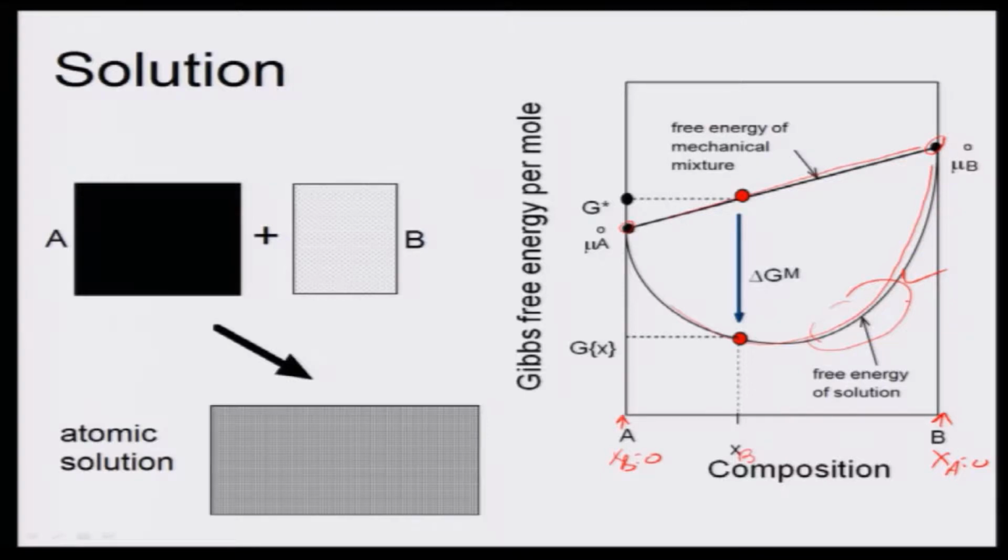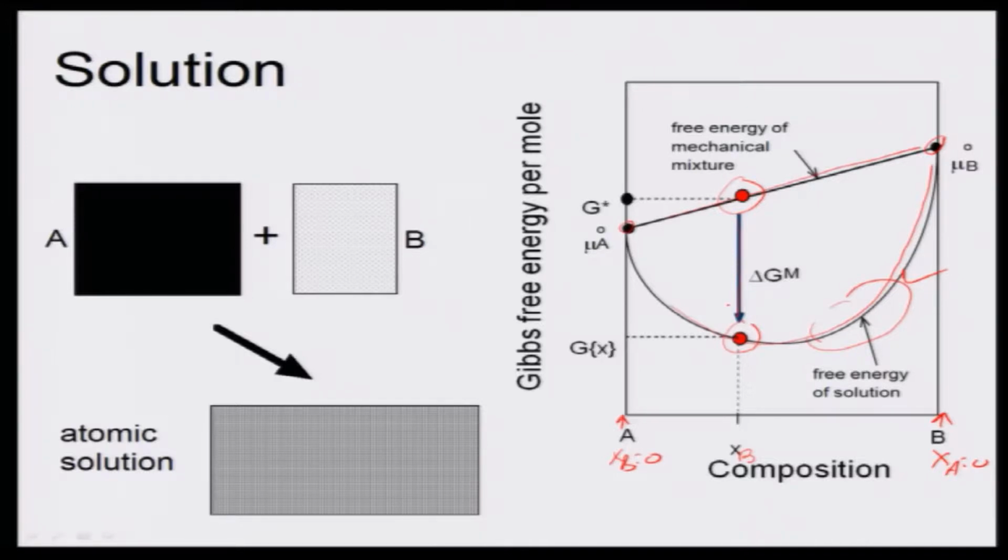Why do we get it? We will explain very soon, but you must see that in comparison to the physical mixture, the solution is stable much more easily. Why? Because the solution has lower energy than the physical mixture at the same composition. That is why solutions are more stable, and that is why alloys are easy to make.